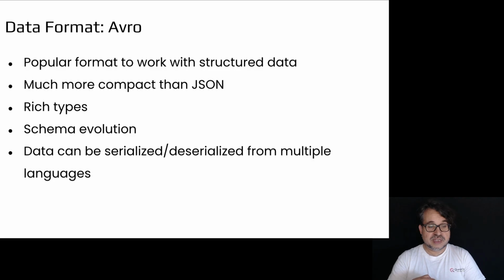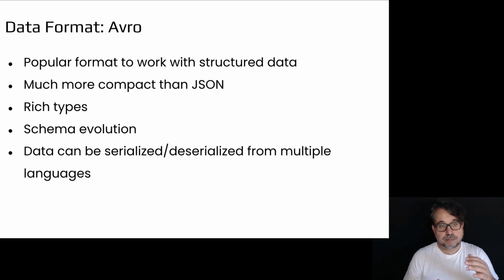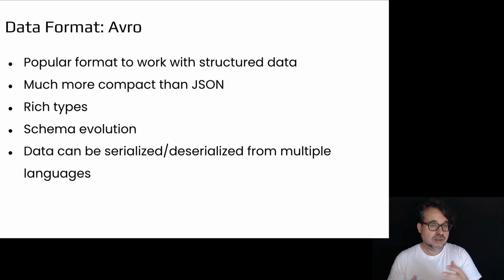And it supports schema evolution. If you have one consumer reading from a message and is using an older version of the client, and the message already evolved, with Avro you can actually map between older and new schemas. So it's also very nice for production.